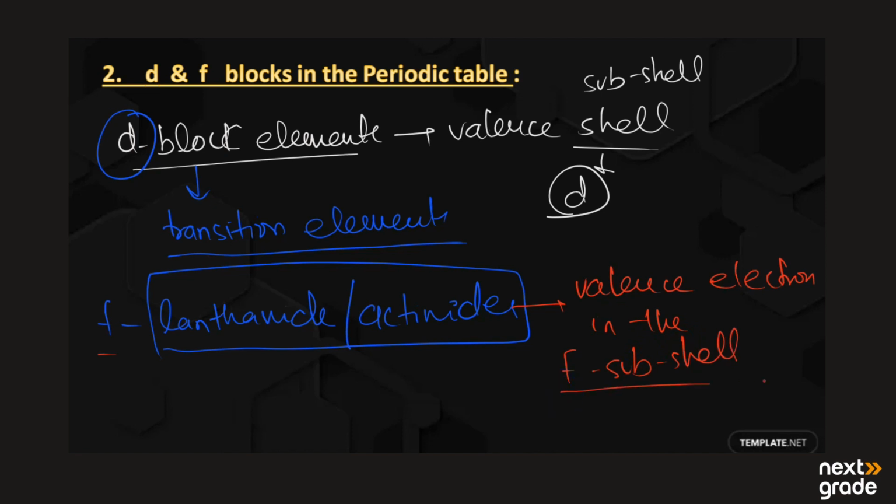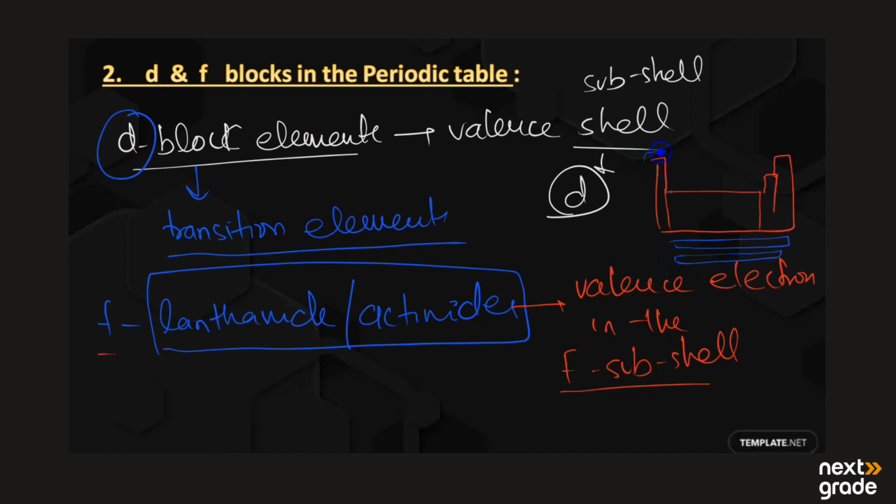If I draw a general sketch of the periodic table like this, this is a simple sketch of the periodic table, and in the lower part we have the lanthanides and the actinides.